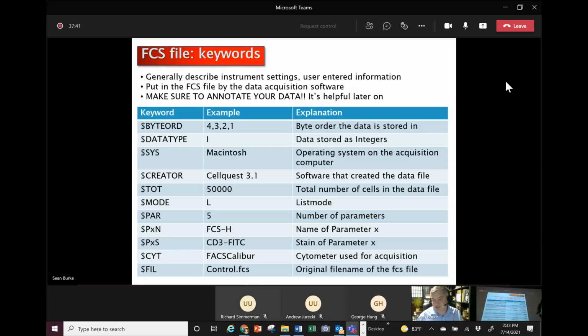So these keywords are just a way to annotate your data. The instruments do store useful information in there for helping software analyze it. But the thing to say about this is annotate your data. Don't forget to do that. It's one of the most important things that we can do as scientists and communicators, is to make sure all of that is done correctly.